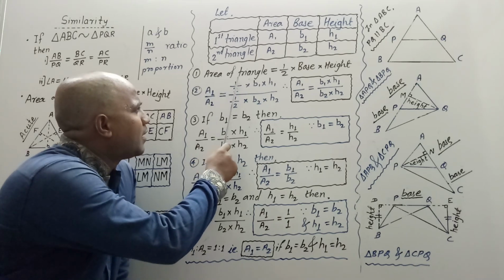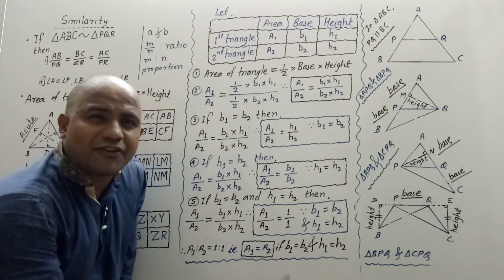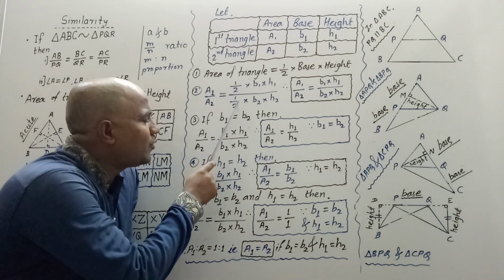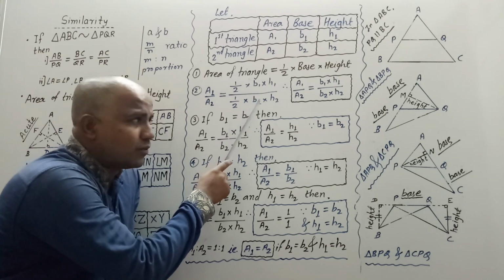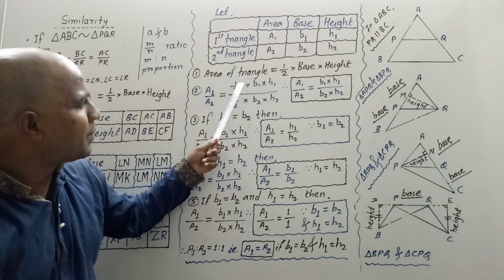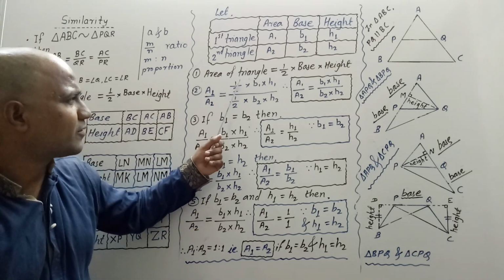for A1? Half into base B1 height H1. In denominator A2, half into base B2 height H2. What happened? Half gets cancelled by the basic operations.